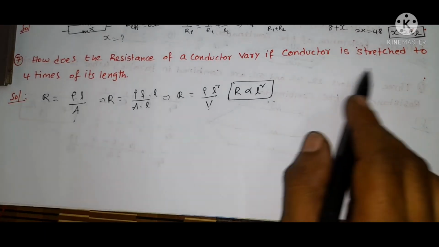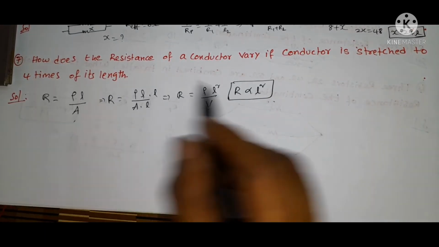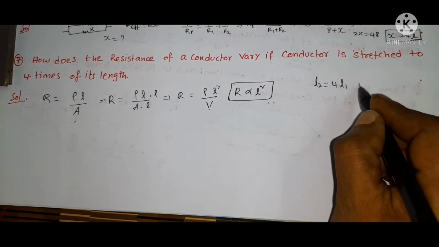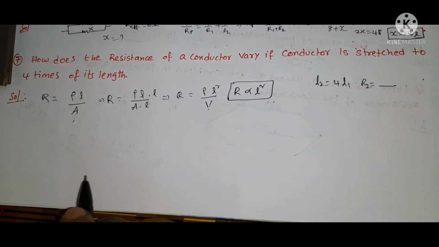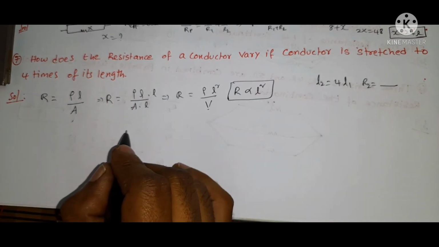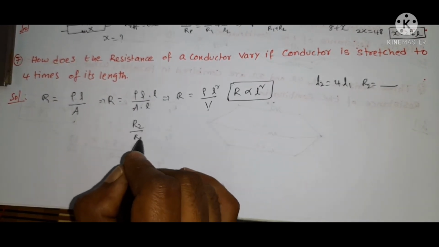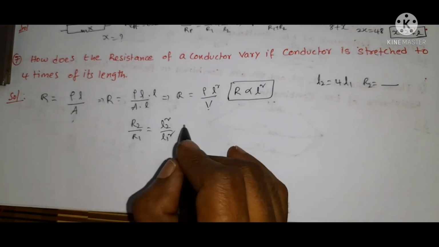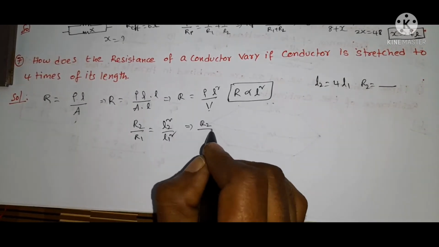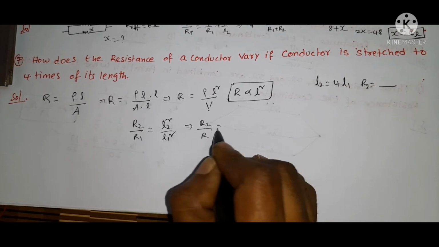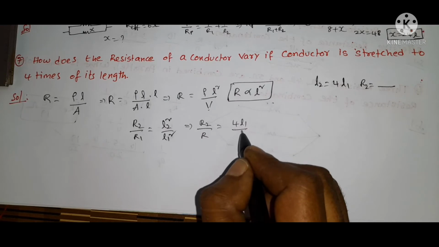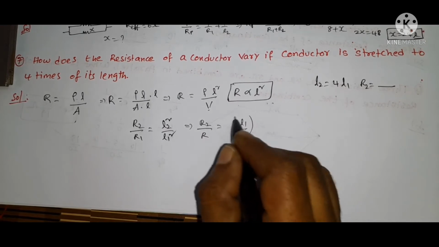The given condition here is 4 times its length, or the length will be stretched to 4 times. So L2 is equal to 4L1. So what is the value of R2? You can write it as R2 by R1 is equal to L2 square by L1 square. Now L2 means 4L1, that is 4L1 by L1 whole square.